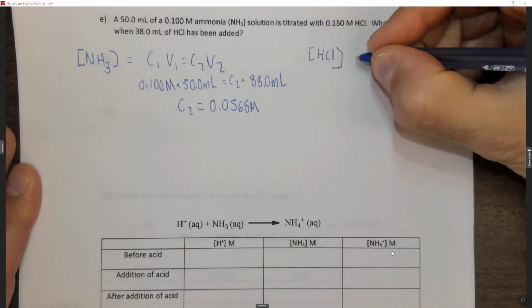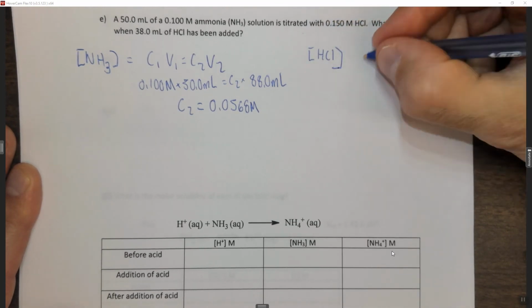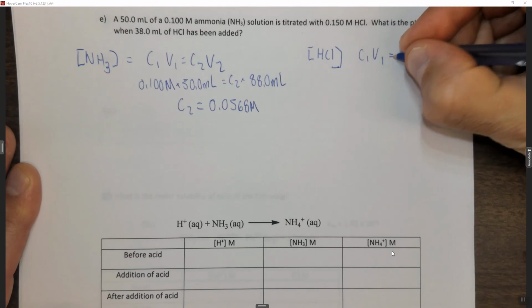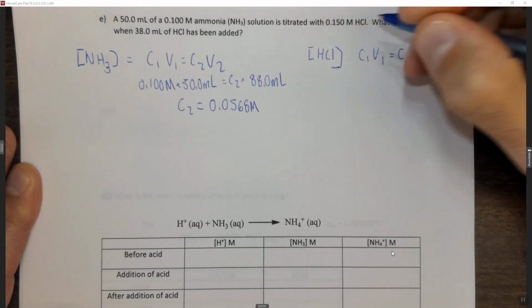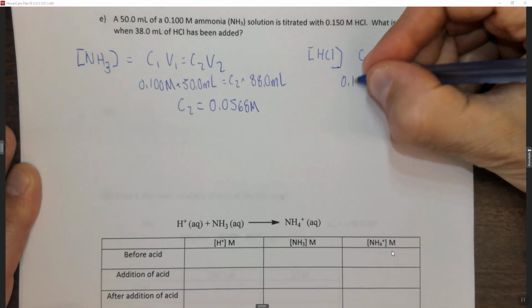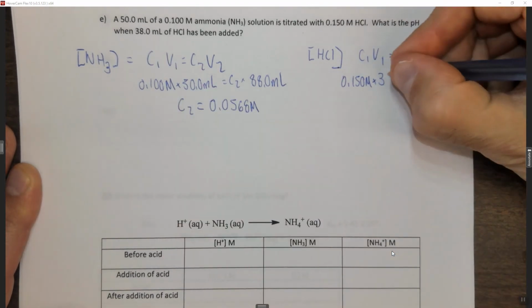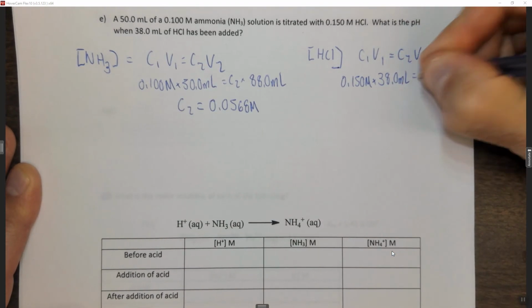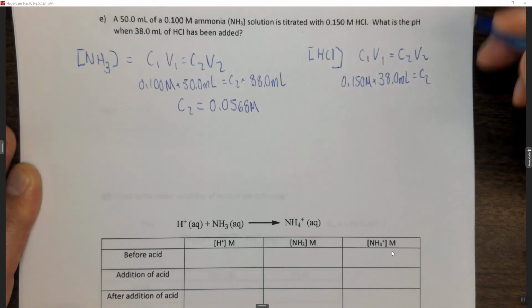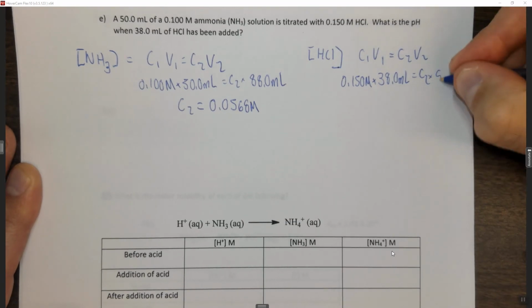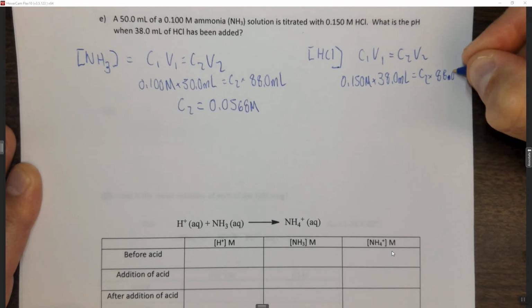And we want to repeat for HCl. All right, and when we do that, we're going to want to do C1V1 equals C2V2. C1 for HCl is different, 0.150 molar. The V1 is the 38 milliliters this time. The C2 is what we're looking for again, and the V2 is still 88 milliliters because we mix the two together.